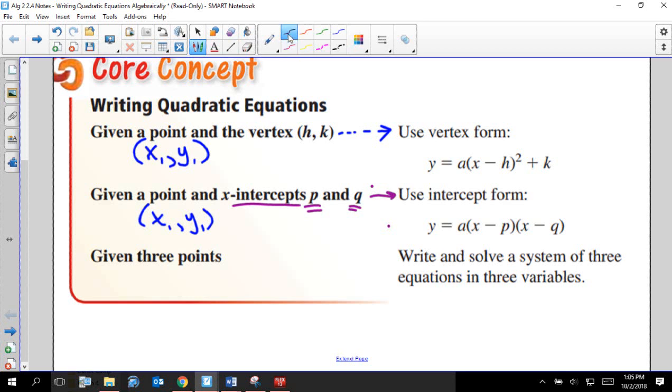And then the third scenario, according to the book, if you're given 3 different points, you would write and solve a system of 3 equations and 3 variables, but we are not going to do that.